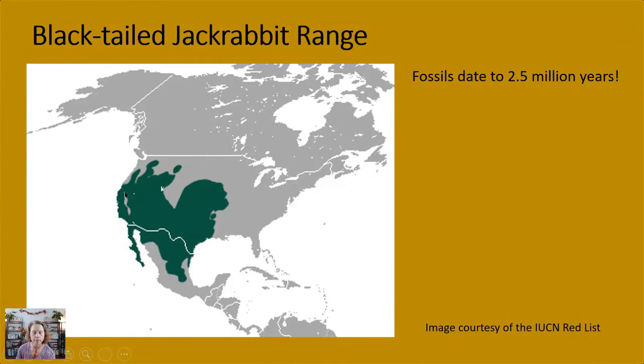Or if you go a little bit further to the southeast, it's called the Great Basin or the Mojave, Sonoran deserts, all the way down to the Chihuahuan deserts. Yes, some of you have seen them there. And the range is actually expanding eastward. I read that some of them have gone all the way to the East Coast and are competing with the native white-tailed jackrabbit.